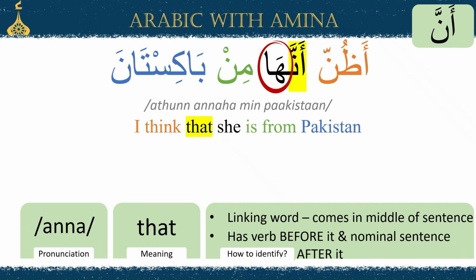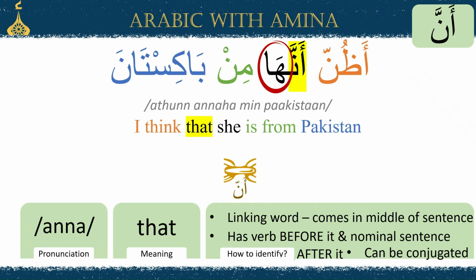So if our mubtada is a pronoun that can be conjugated, it will be. So right here we have ha, which means she, conjugated to the word anna. It's not one whole different word, it's just two put together. So our third method for identifying anna is it can be conjugated.